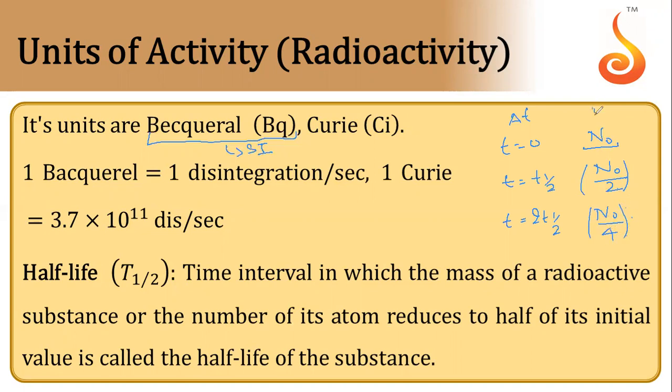This will be the number of nuclei present at that time. When the time is 3 half-lives, then N naught by 8, and so on. So your general formula becomes N equals N naught divided by 2 raised to power n, where n is the number of half-lives.